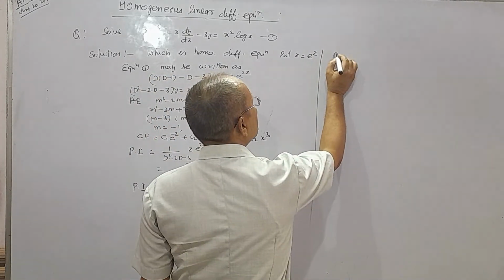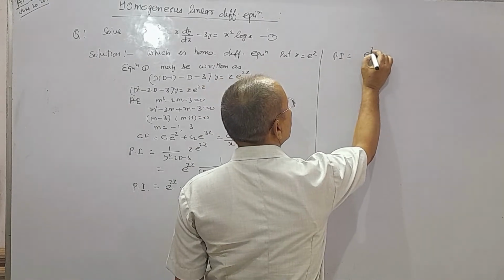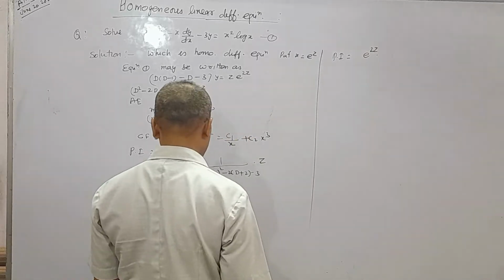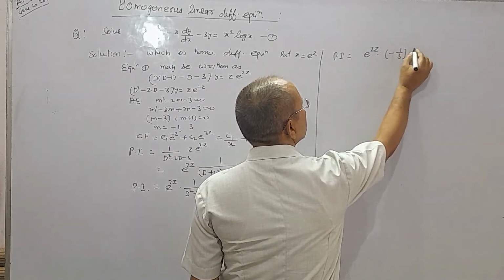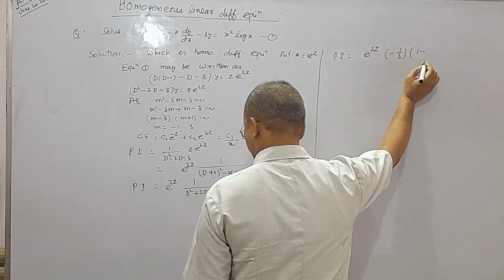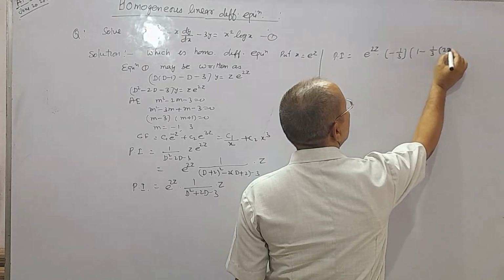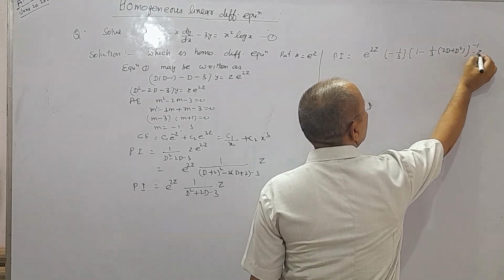Now PI equals e to the power 2z into minus 1 upon 3 into 1 minus 1 upon 3 of 2D plus D square whole inverse into z.